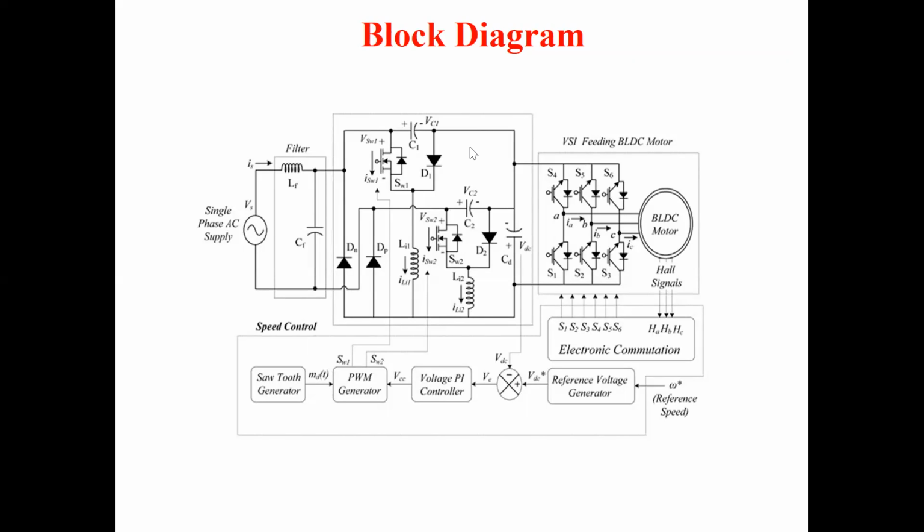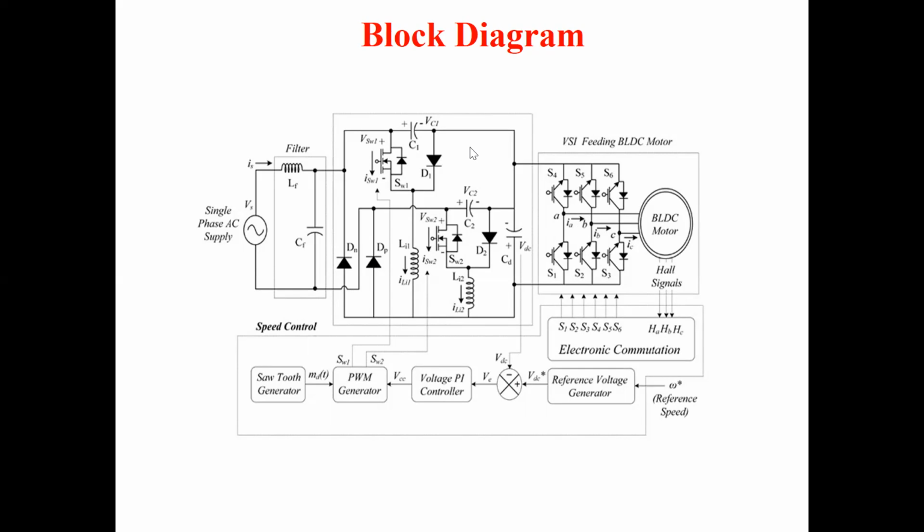The DC link voltage of the converter is taken as a reference, and from there we generate the PWMs, that is, the pulse width modulating signals for the switches to be used. Here we have used MOSFET devices, which are good at handling voltages as well as high frequency switching.